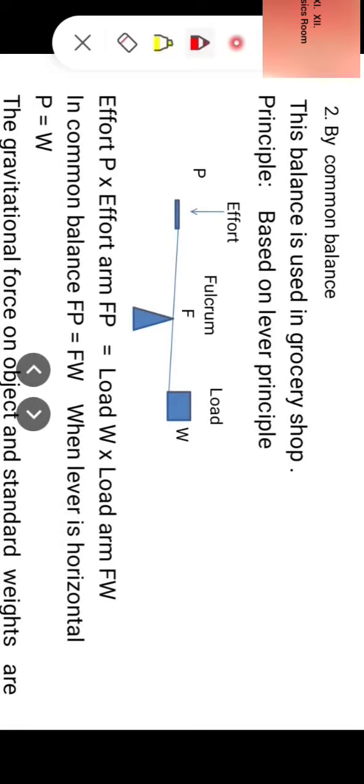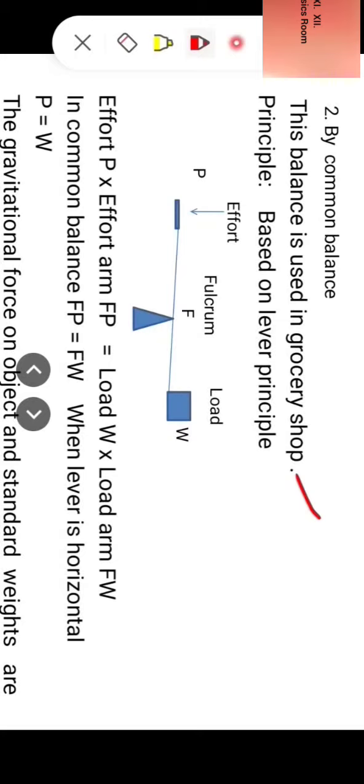Now, how can we measure gravitational mass by common balance or physical balance? This balance was used in grocery shops. These days we have digital ones, but previously this balance was used.